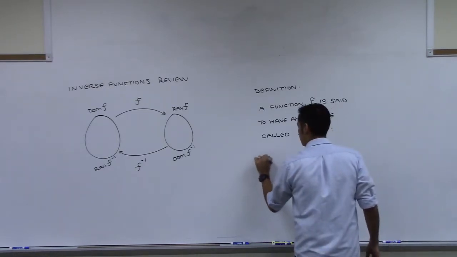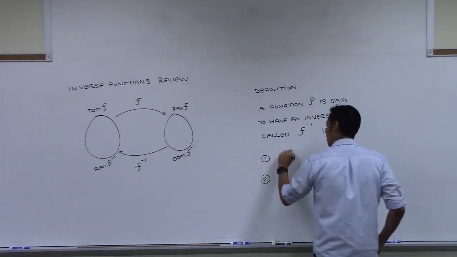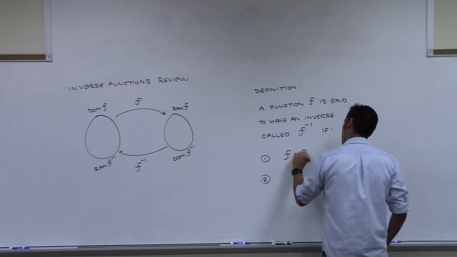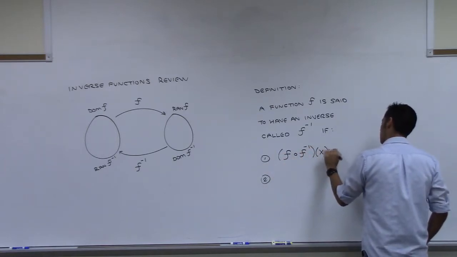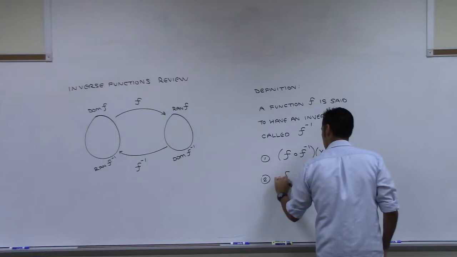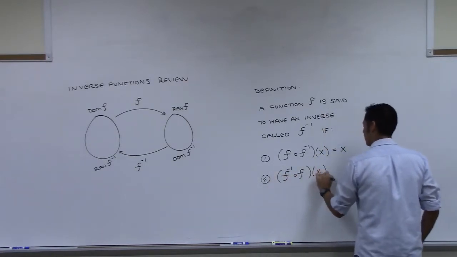You have to have these two things happen in order to be able to say that a function has an inverse. f of f inverse of x equals x, and f inverse of f of x equals x.